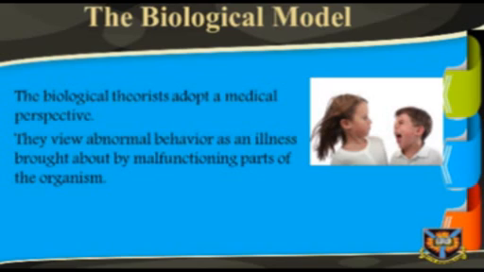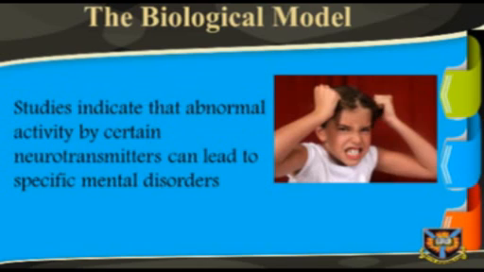Biological researchers have learned that psychological disorders can be related to problems in the transmission of messages from neuron to neuron. Studies indicate that abnormal activity by certain neurotransmitters can lead to specific mental disorders.